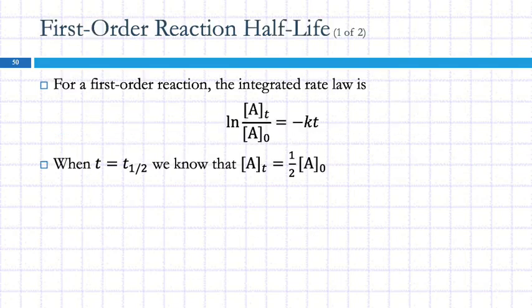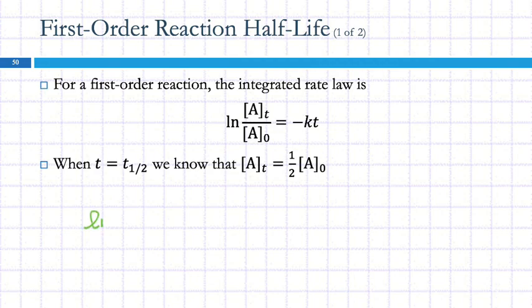We can calculate what the half-life is from the integrated rate law. So here, they just used a rearranged form of that so that we've got concentration at time t and concentration initial. At half-life, we know that the concentration now is 1/2 of the original concentration.